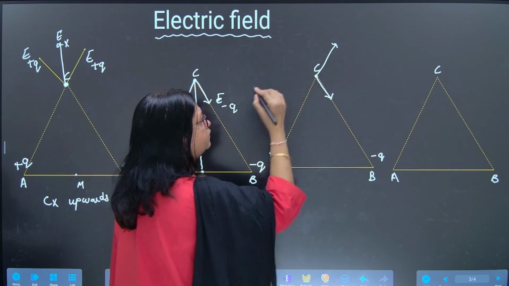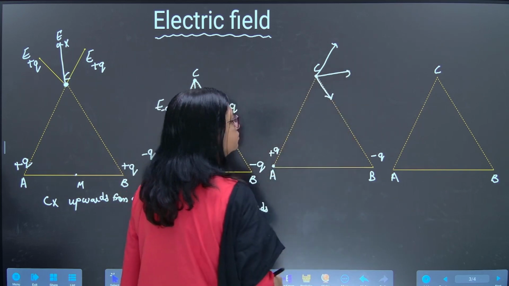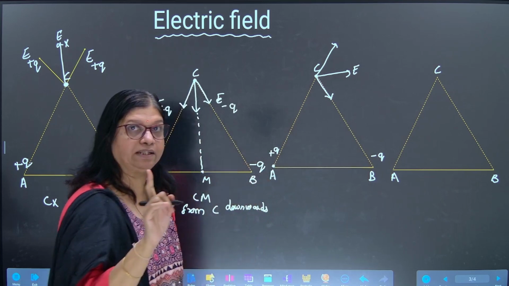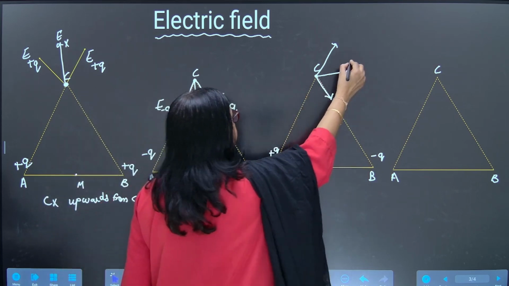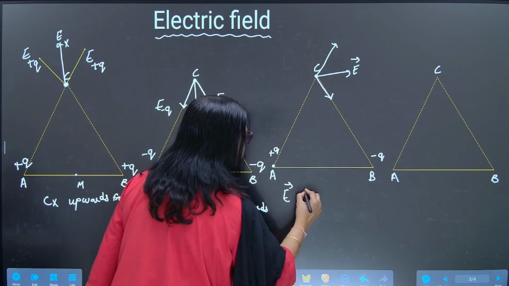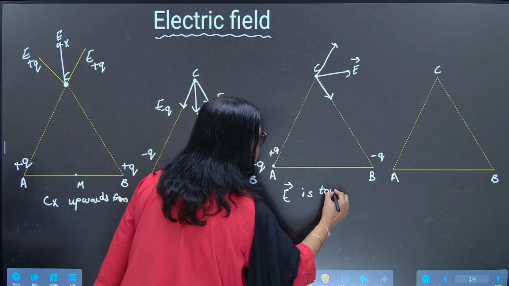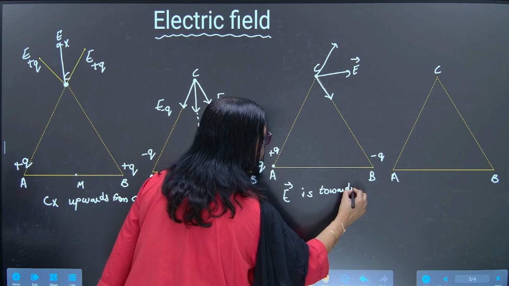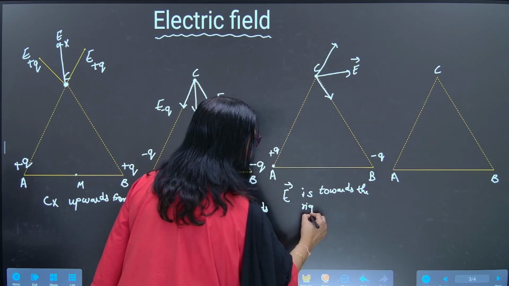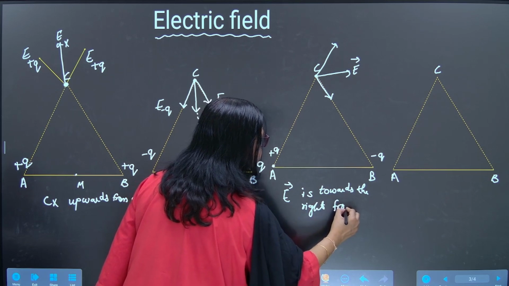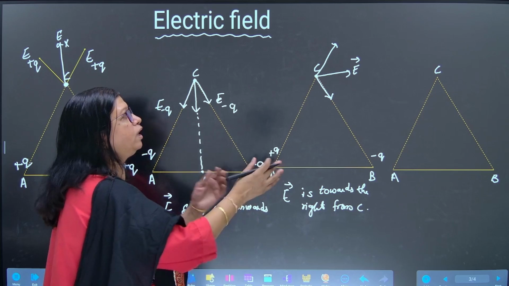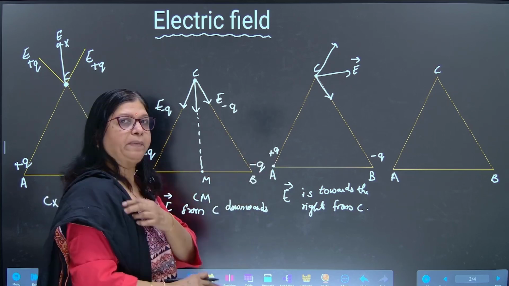What is the resultant of these two? If they are asking me only the direction, my answer should be that the electric field is towards the right from C. That should be my answer, only if the direction is asked. We will go to the magnitude also.